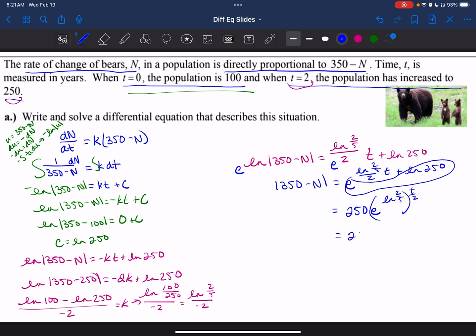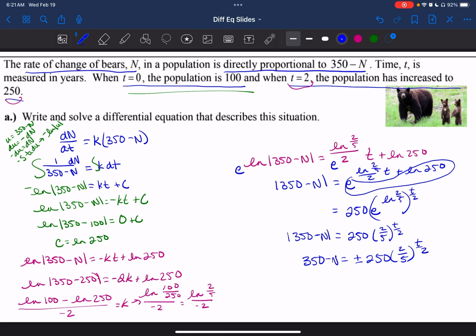So this becomes 250 times 2/5 to the t over 2. Don't you dare multiply 250 times 2/5. All right, 2/5 has an exponent on it, it's got to stay. Okay, so absolute value of 350 minus n equals that. All right, so 350 minus n equals positive or negative 250 times 2/5 to the t over 2.